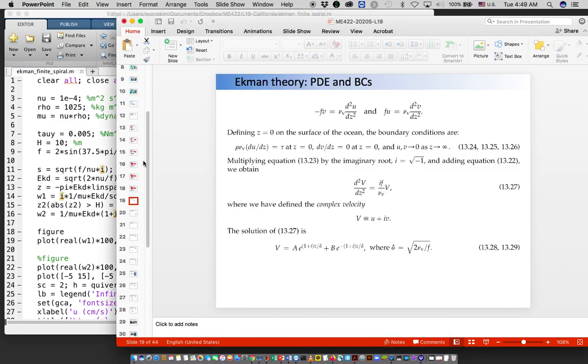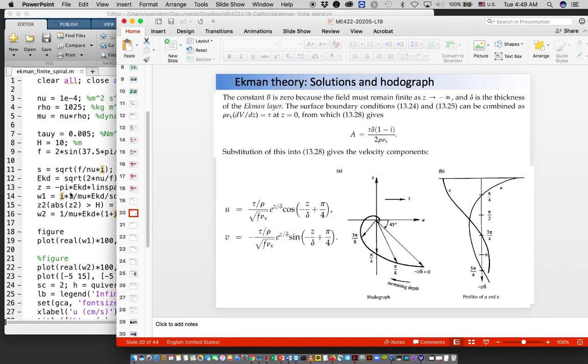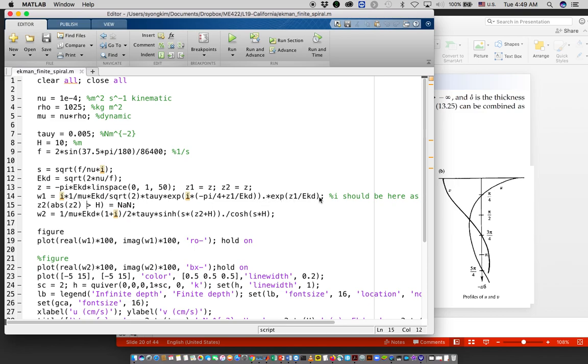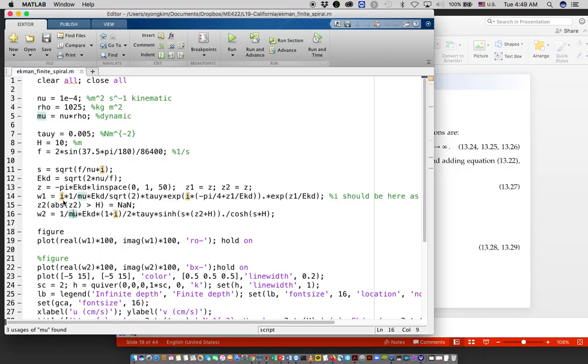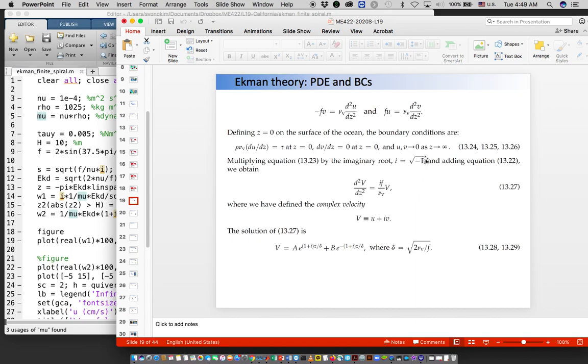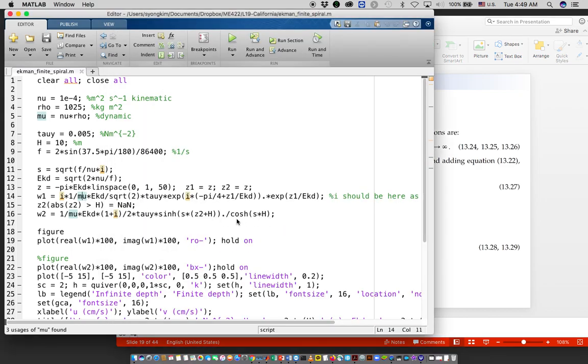If you solve the momentum equation and express it as an exponential function, this is the individual component, but I put it in the convention of i. If you solve this one, you can come up with that. I could be wrong, but let me know if I'm wrong. And this is the infinite depths, and W2 will be finite depth, the hyperbolic function, as you have depth H, capital H will be applied.